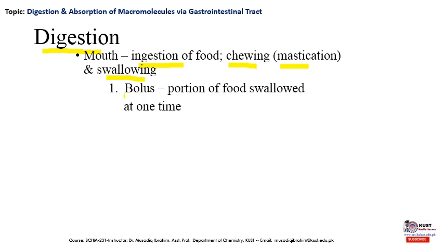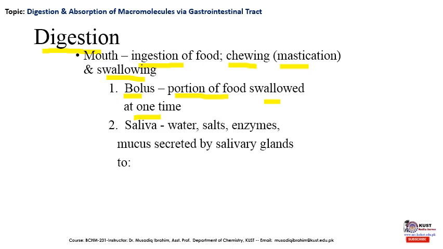Now, the bolus is formed within the mouth, and it is a portion of food swallowed at one time. Now, there are secretions which are pouring in the mouth, and basically that secretion is called saliva, which is secreted by the salivary glands, and it is composed of water, salts, enzymes, and mucus.